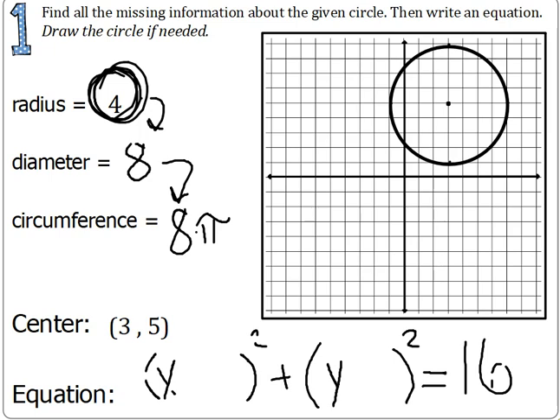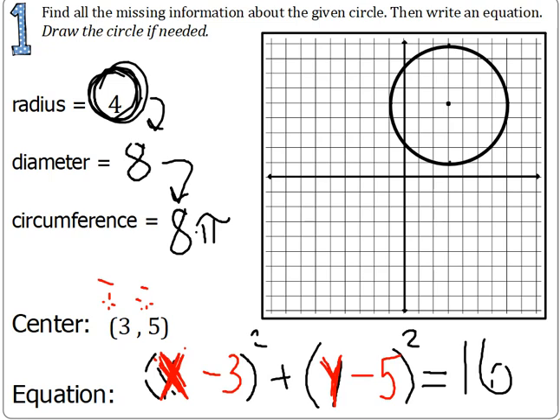So the center is at positive 3, positive 5. So here it will be x minus 3. And here will be y minus 5. Because we always take the opposite of whatever my center is. So my equation is going to be x minus 3 squared plus y minus 5 squared equals 16.